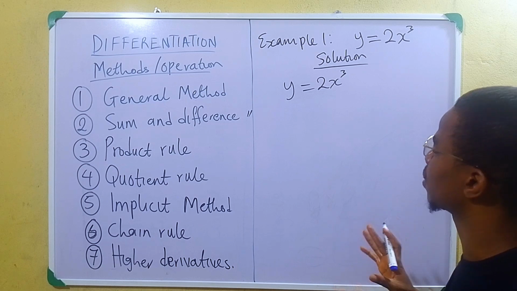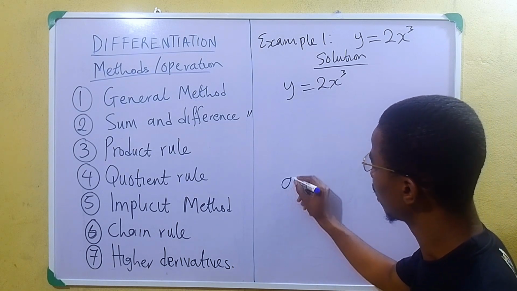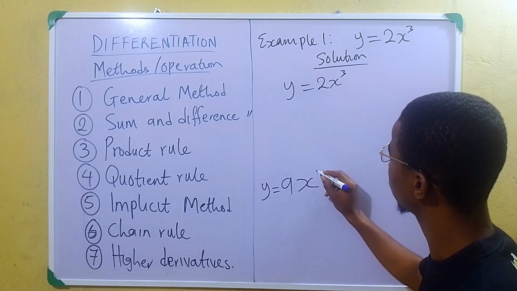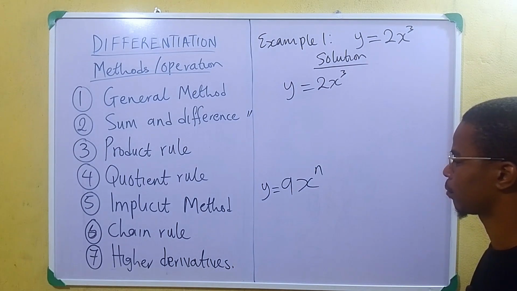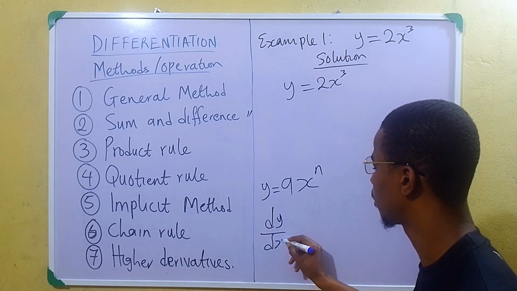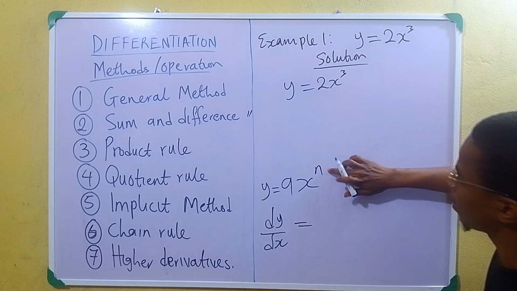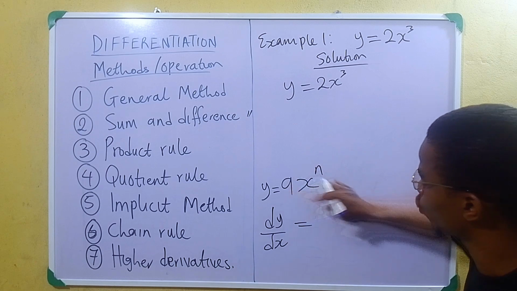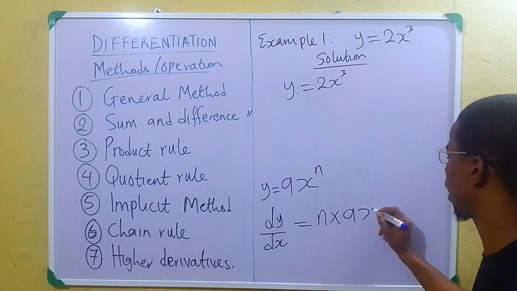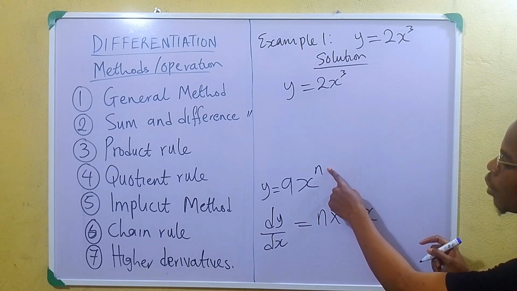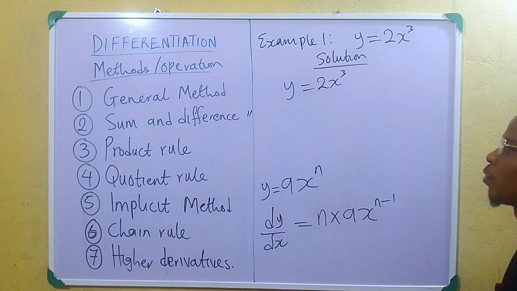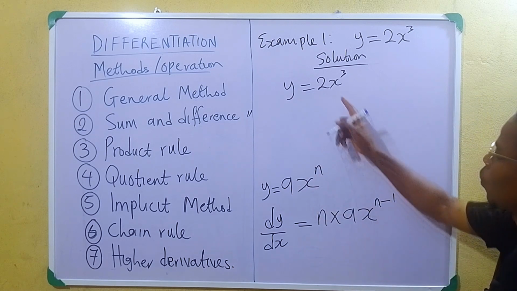Now, the general method states this, that if y is equal to ax raised to power n, then dy/dx will be equal to n times ax raised to power n minus 1. The power here, the index, will come down to multiply everything that is there. Now this power, you minus 1 from it. This is the derivative of y.